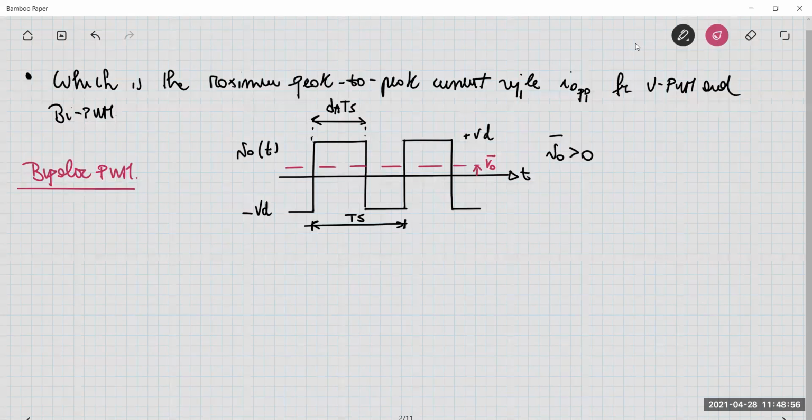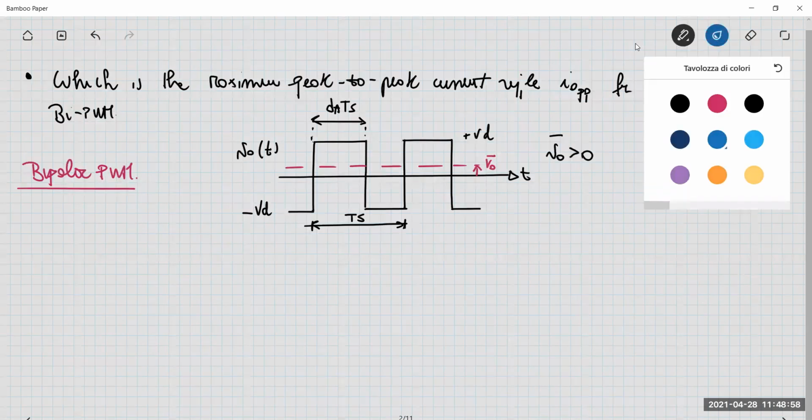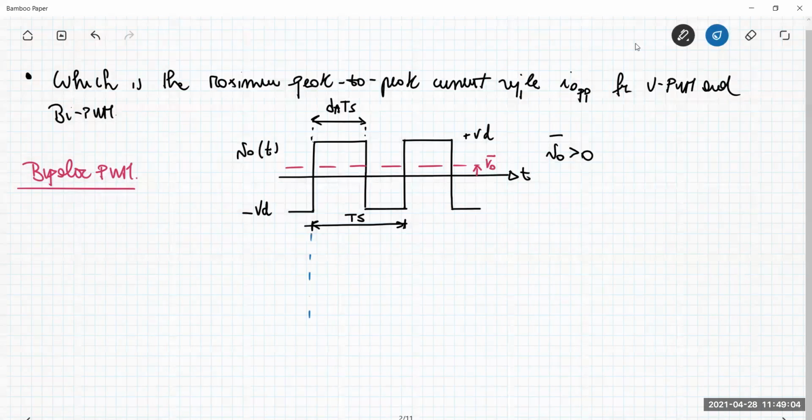What about the current flowing through the load? So the current I naught has a behavior which is rising up during the positive pulse, and a descending behavior during the negative one.